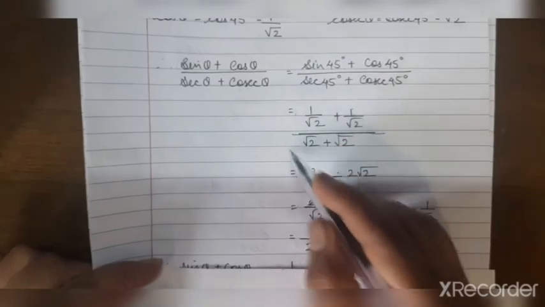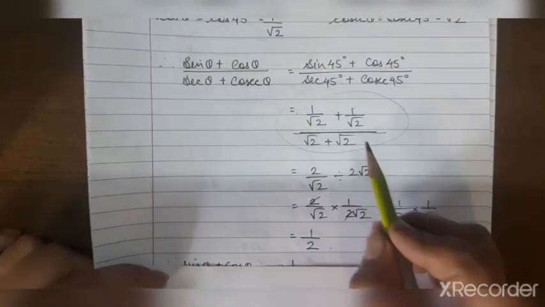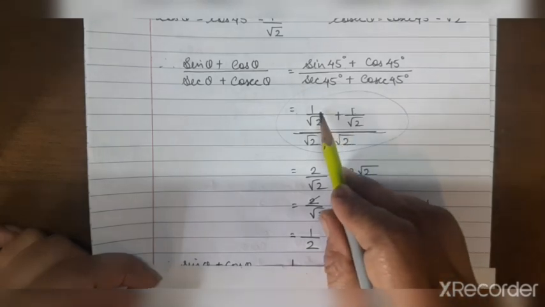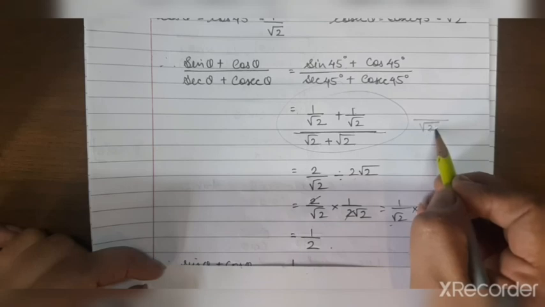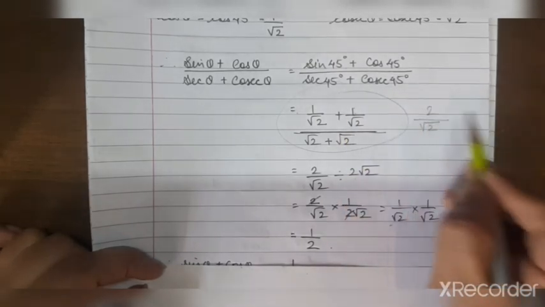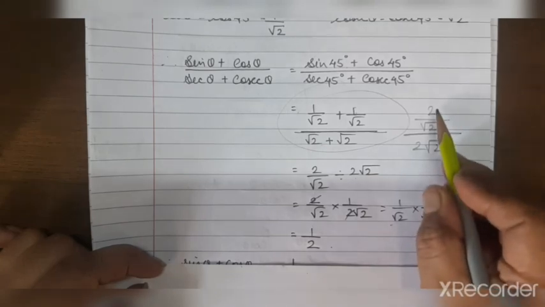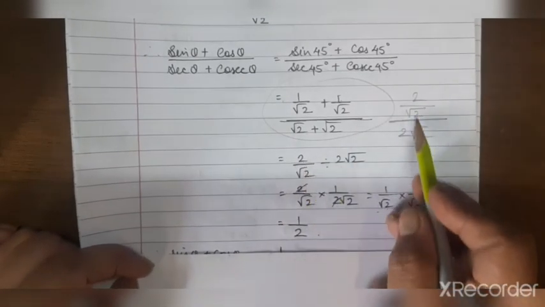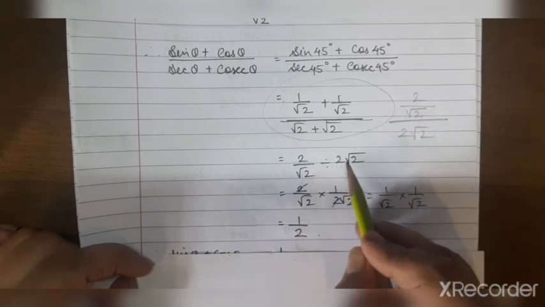This part of the calculation is very important. How do you solve this part? I hope you have understood. 1 upon root 2 plus 1 upon root 2: the denominator stays root 2, and 1 plus 1 is 2. And root 2 plus root 2 is 2 root 2. So you can see 2 upon root 2 divided by 2 root 2.